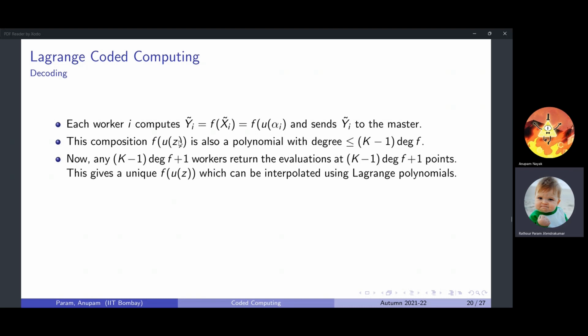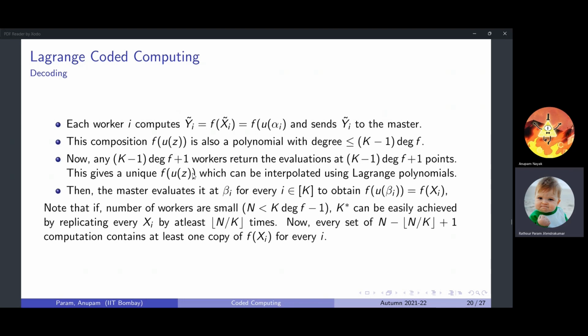The master doesn't know this beforehand, but after getting the results from (k minus 1) degree f plus 1 workers, it can construct this back, and then evaluate it again at the beta i's to obtain f of xi's, and in this way we get the y1 to yk that we are after.